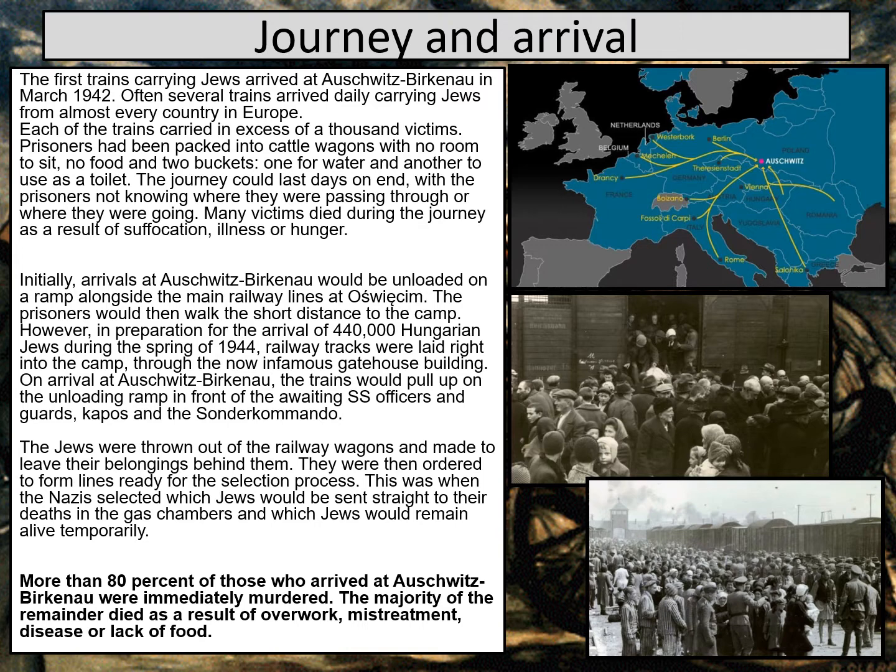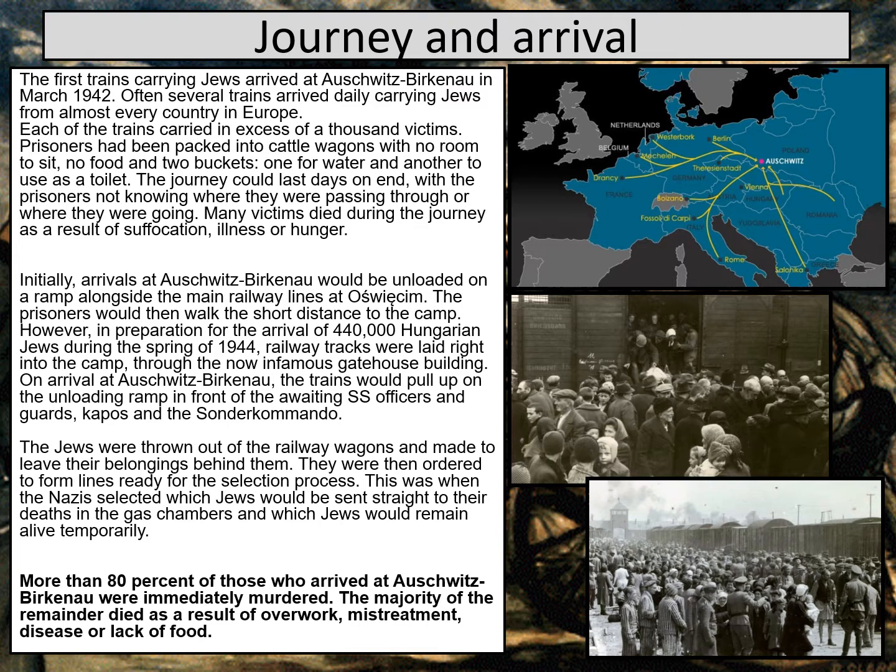Now, these journeys were absolutely horrendous. The conditions that they were kept in were absolutely sickening. So we're going to talk about those details and talk about the cattle trucks. You can see pictures of the cattle trucks in the bottom right hand side, and in the middle picture you can see that they were transported not on a passenger train but actually a proper cattle truck.